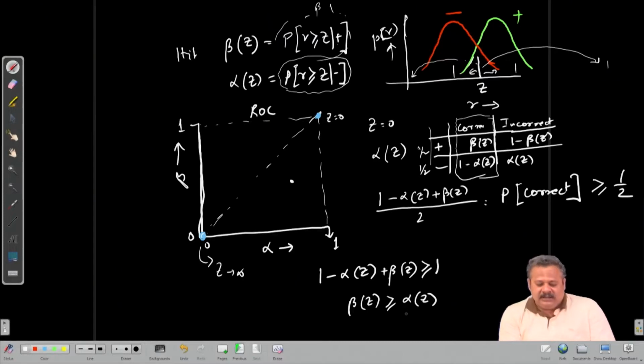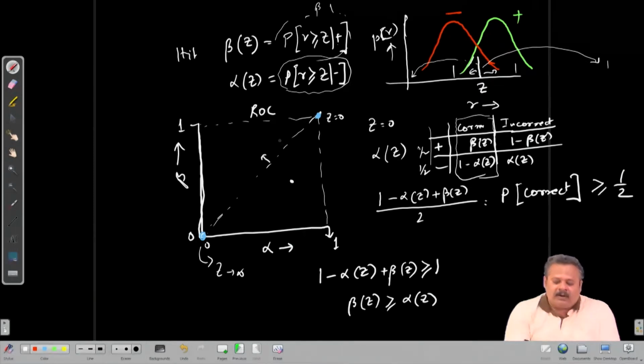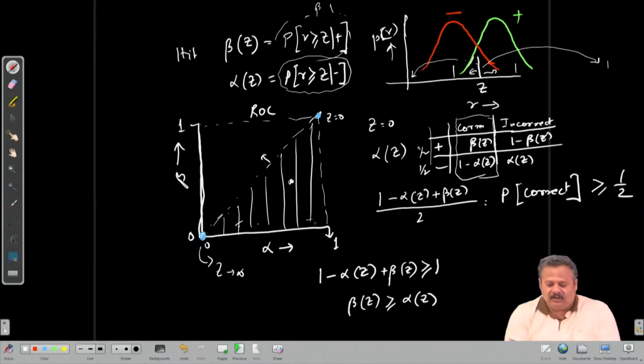So, that means all of the points of the receiver operating characteristic curve, the ROC curve, must be on the upper side of this diagonal, and it cannot come into this lower region. So, this is forbidden territory for the curve.